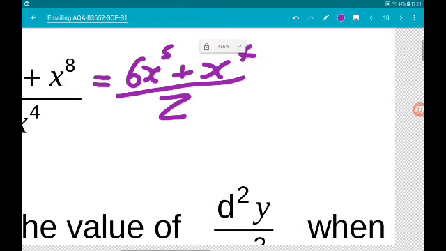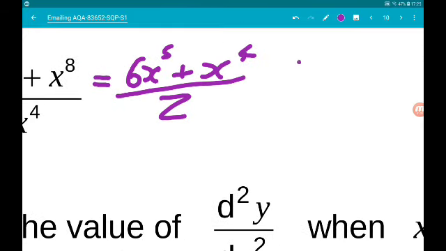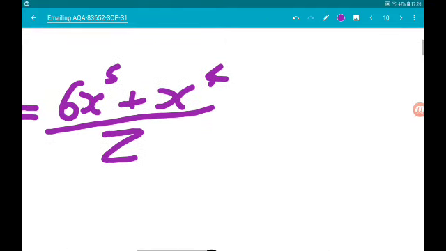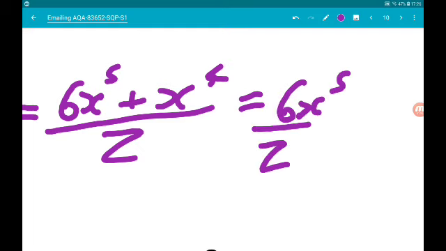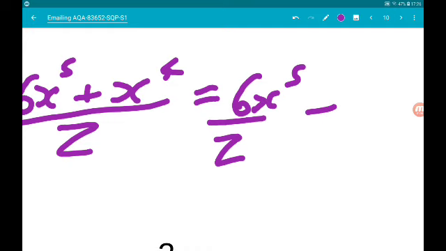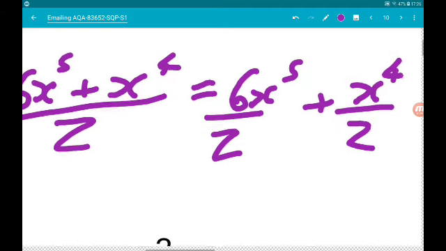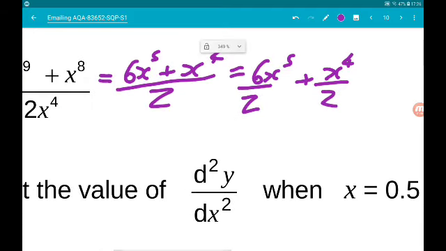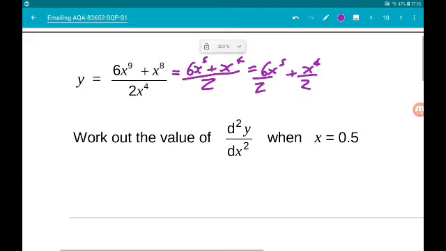Now we can even split that up into 6x to the 5 over 2 add x to the 4 over 2. Now 6x to the 5 over 2 is just 3x to the 5.